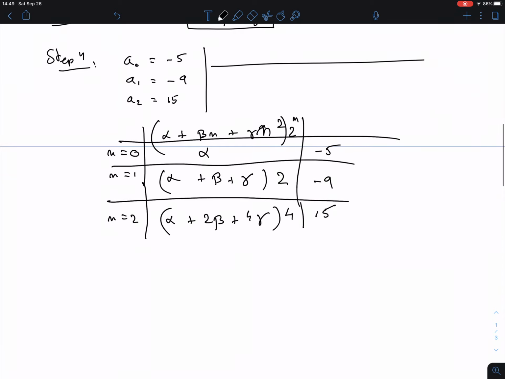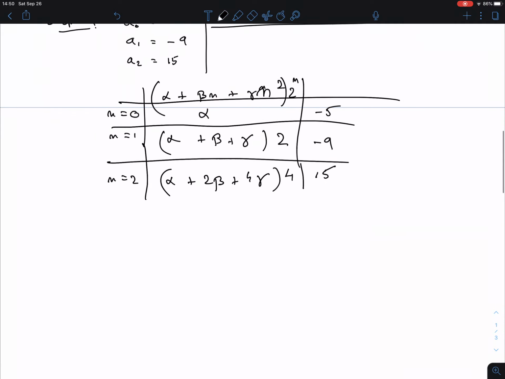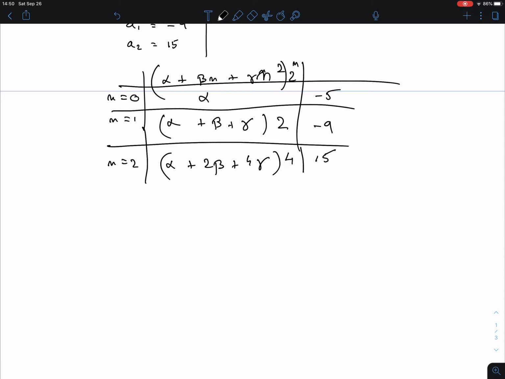And now we have to think of this as a linear system of equations, 3 unknowns with 3 equations. But we are very lucky in this case because we already know what alpha is. Alpha is -5. So we can use that. This one will tell you alpha is -5. I'll write out the other one a little bit because it still is multiplication.